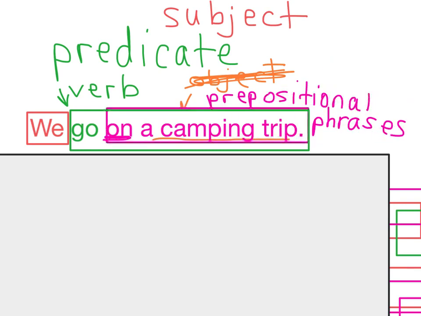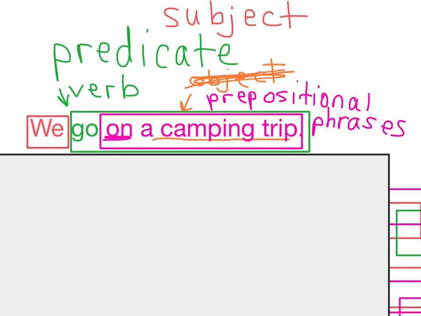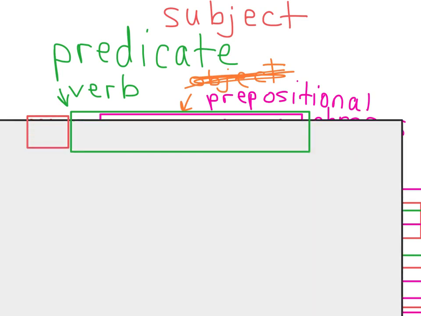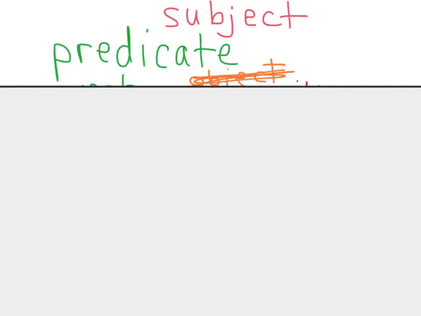So you can see my pink box is around my prepositional phrase, on a camping trip. We go where? On a camping trip. On is the preposition and camping trip is the object of the preposition.